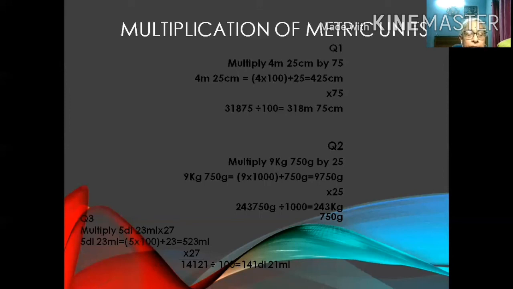Then comes question number 3. Multiply 5 deciliter 23 milliliter into 27.